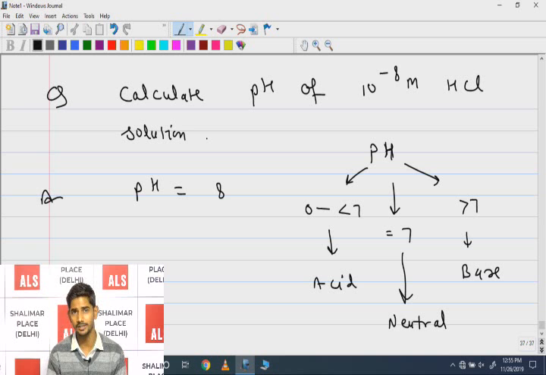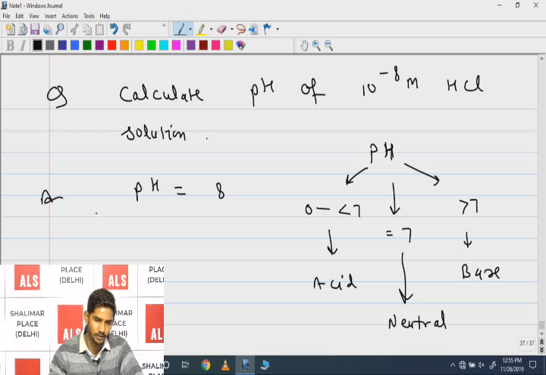If you are saying pH is 8, then it should be basic. 0.9, no, this is the wrong answer. Not 0.9. Because you have learned somewhere that a pH around 1 to 2 is for strong acids. So first of all, this is the wrong answer.